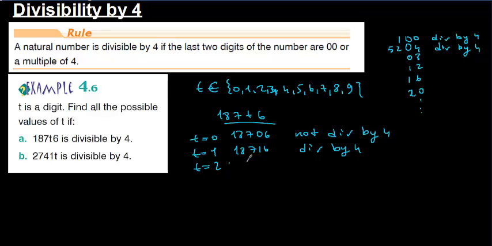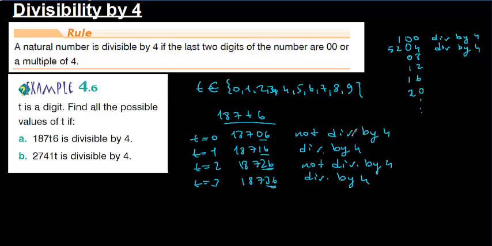If t is equal to 2, 18,726 is not divisible by 4. Here I forgot to put the points. And t is equal to 3, 18,736. The last 2 digits are important, as you understand from the property of divisibility by 4.